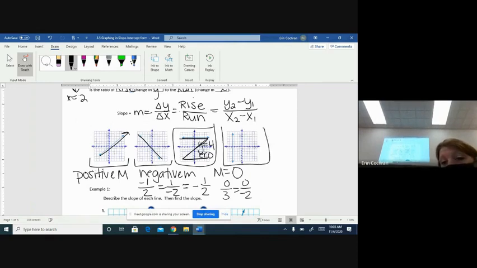Okay, so looking at this one, we have a vertical line here. Is this a function? So this is like x equals -4. Is a vertical line a function? No, because every x value repeats. So if it's not a function, can it have a slope? No. So we either say no slope or undefined, exactly.